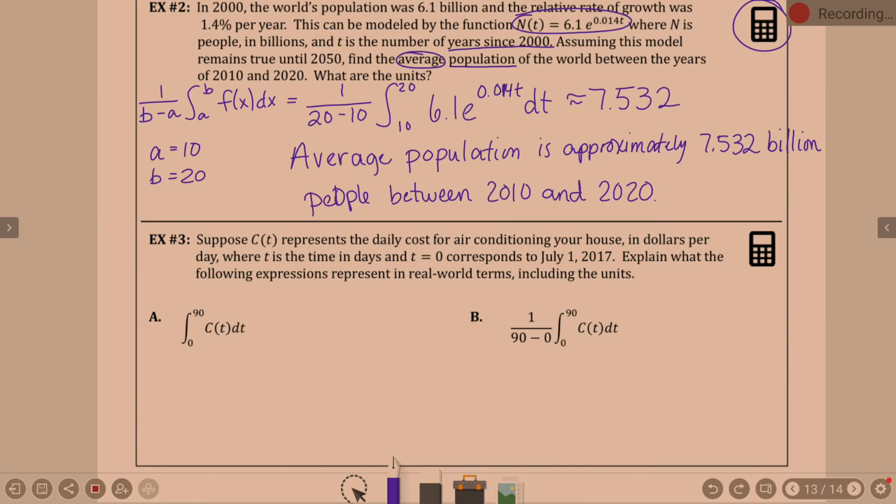And the big thing to notice here is the difference between a and b, right? So thoughts on a? The integral from 0 to 90 of C of t dt. What would your thoughts be?